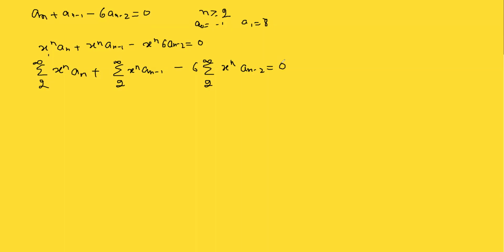X raised to n into a raised to n will be gx. We put an here.